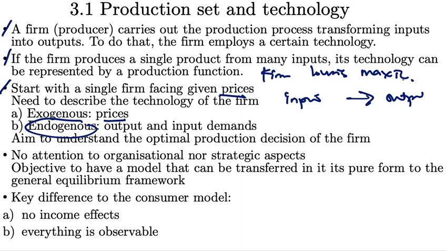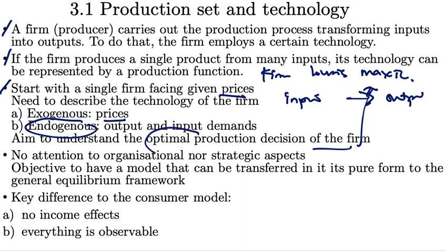So by all means, your production strategy here should be assisting you to maximize profit for your firm. Okay, so the aim here is to understand the optimal production decision of the firm so as to maximize profit.